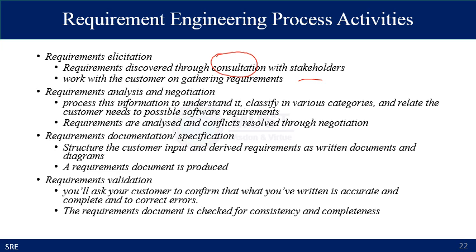A requirement document is produced at the end of this step. In the final requirement engineering process activity, requirements are validated and you will ask your customers to confirm that what you have written is accurate and complete and to correct errors. The requirement document is checked for consistency and completeness.